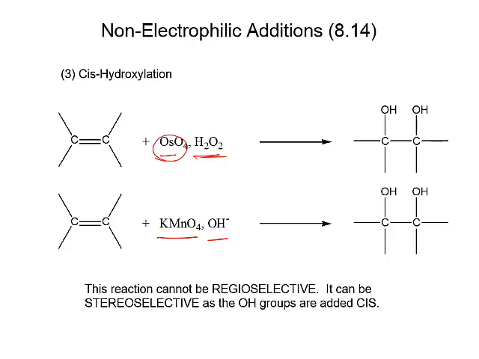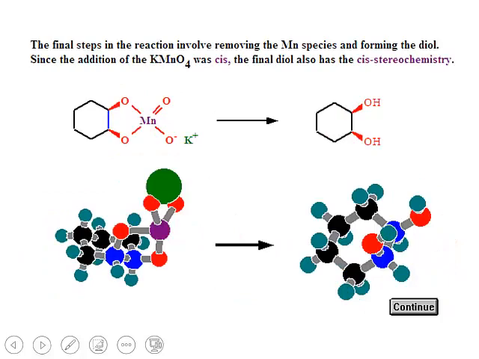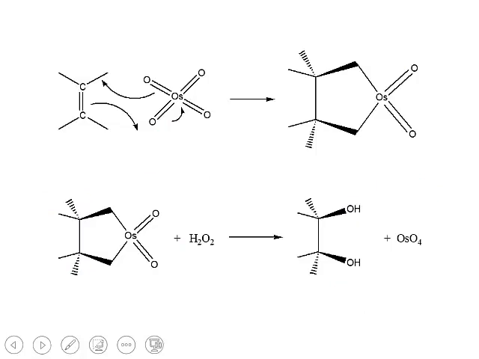So it's catalytic, basically, because it's too expensive. KMnO4 is cheap. So there's the mechanism for osmium tetroxide. Same thing. Then in the second step, the peroxide reacts with it and regenerates the osmium.